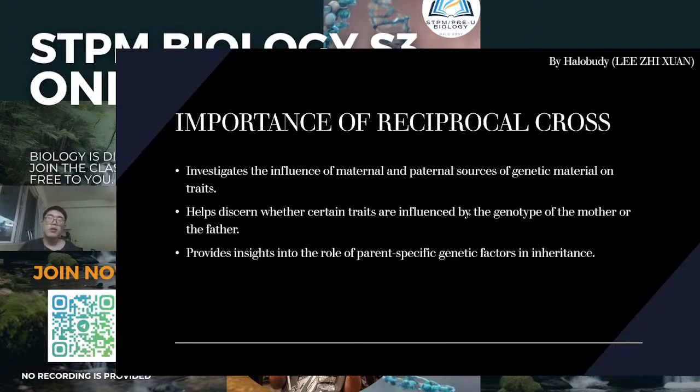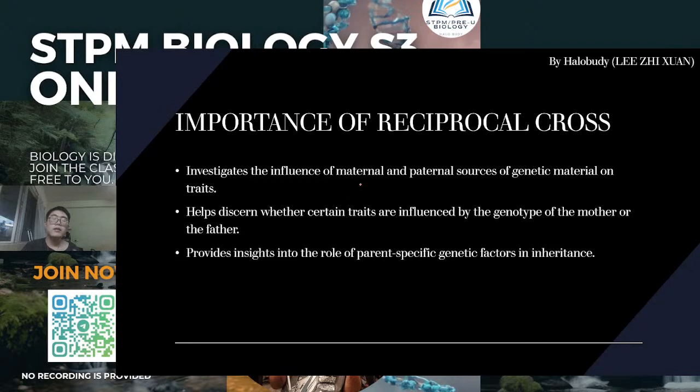Because sometimes when using the mother, it follows, but when using the father, it does not follow. Why does it not follow? Because there are some certain traits inside the mother or father, some very fine information, that influence this. So the scientists need to find that kind of information.